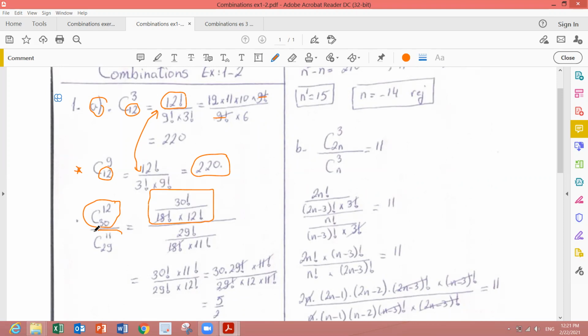Now the denominator. 29 factorial over 29 minus 11 is 18 factorial times 11 factorial. 18 factorial with 18 factorial simplified.